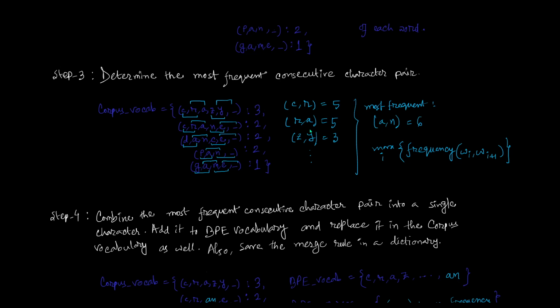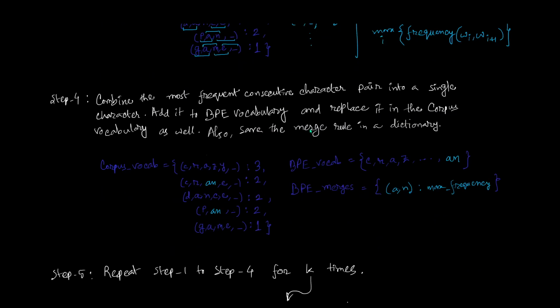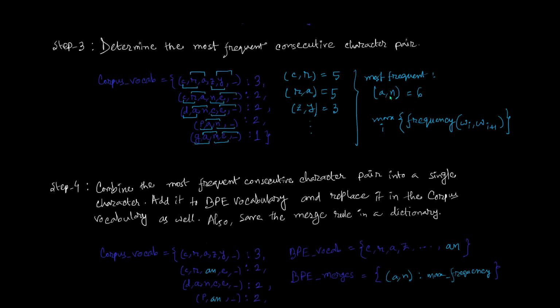So in the next part, we can just combine this pair together. You see, AN is occurring multiple times in our corpus. So it makes sense to keep the AN together as a single set of characters in our vocabulary, right?